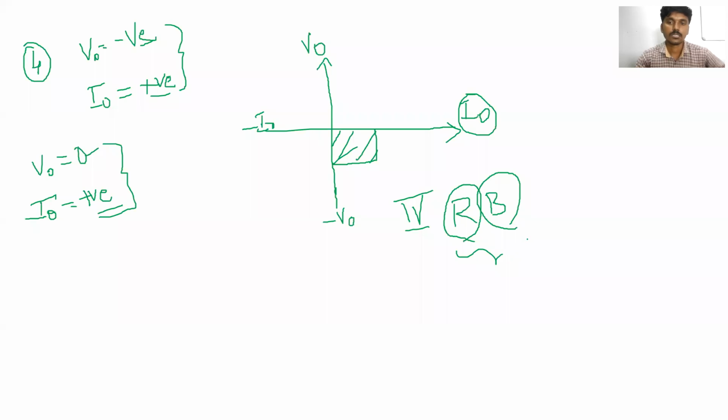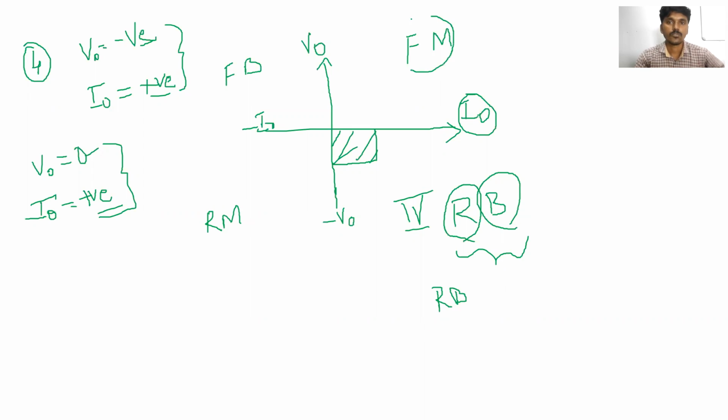That's why the fourth mode operates as a reverse braking mode. First quadrant is forward motoring mode. Please remember all of you. The second quadrant is forward braking mode, the third quadrant is reverse motoring mode, and the fourth quadrant is reverse braking mode.